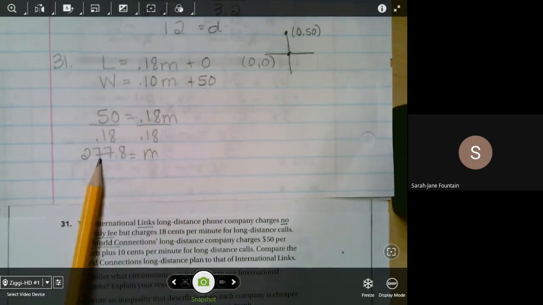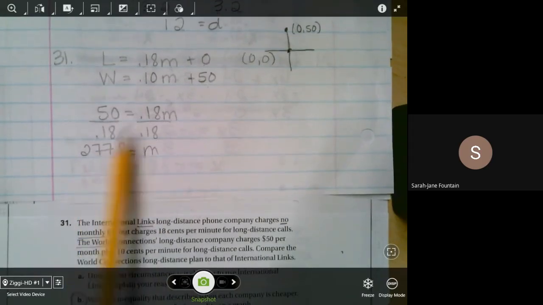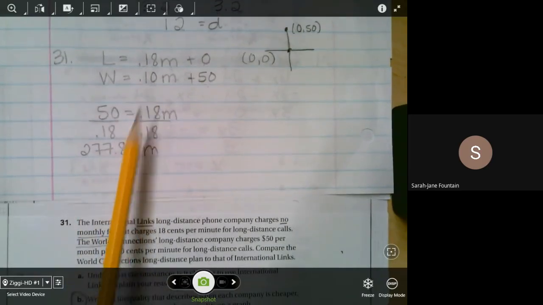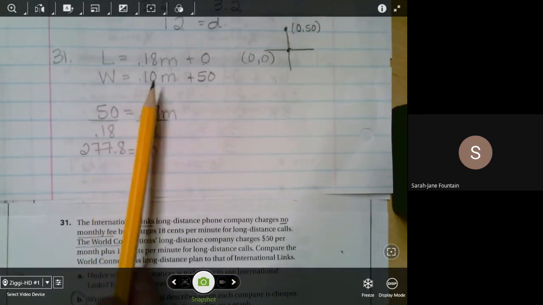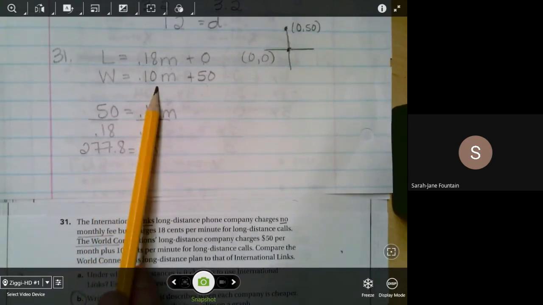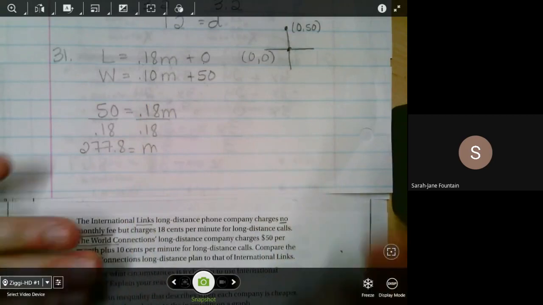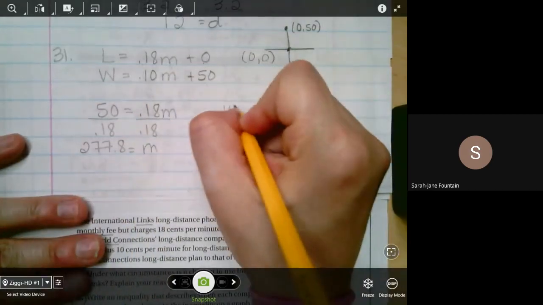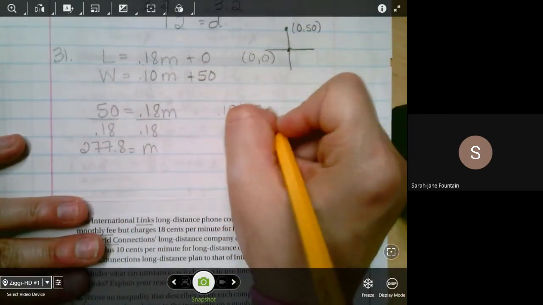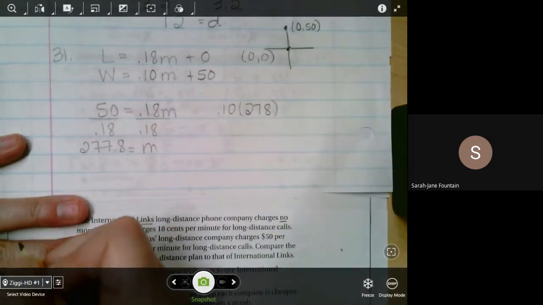If 277.8 minutes is my minimum for $50, think about how much 277.8 minutes is going to cost me on this plan. So let's plug that in. Let's just round it up to 278. It's a nice number.